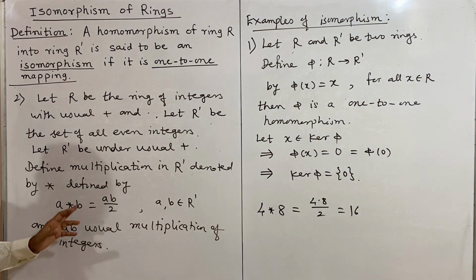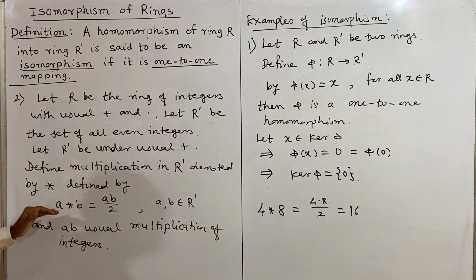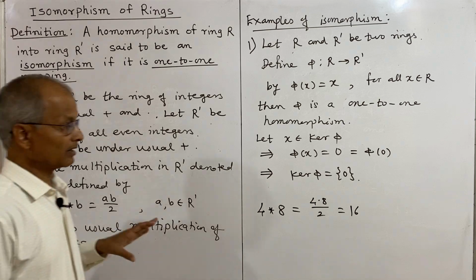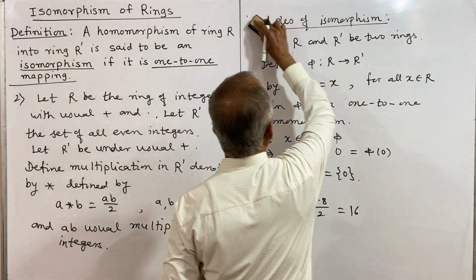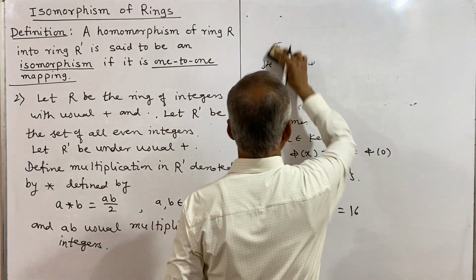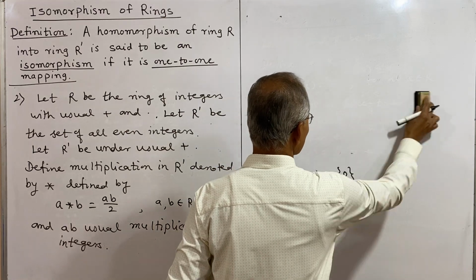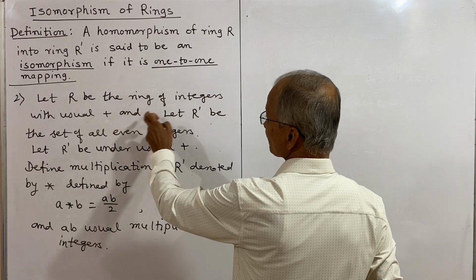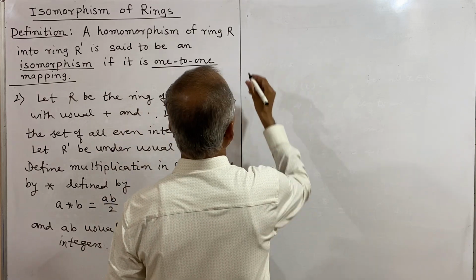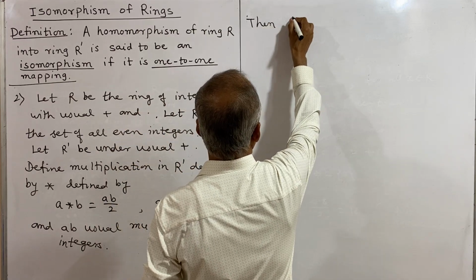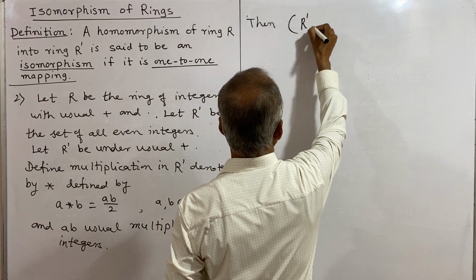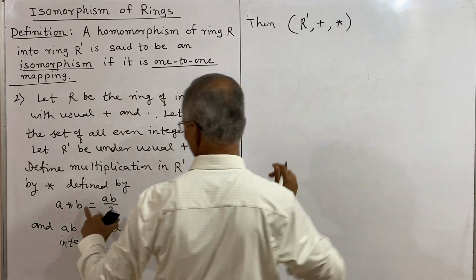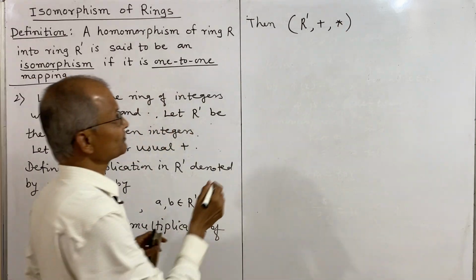So this is the meaning of this multiplication, and with this multiplication, this R dash becomes a ring, that you can check easily. We know R is a ring with plus and dot. Then this R dash with usual addition and this special multiplication is a ring.